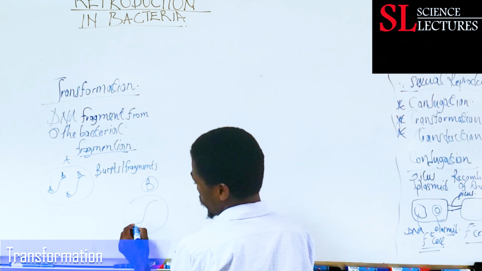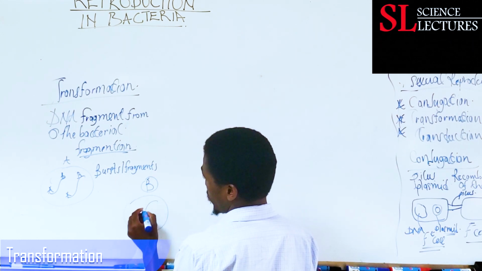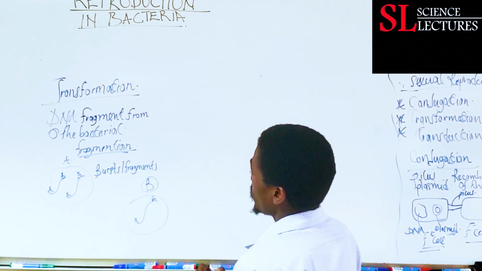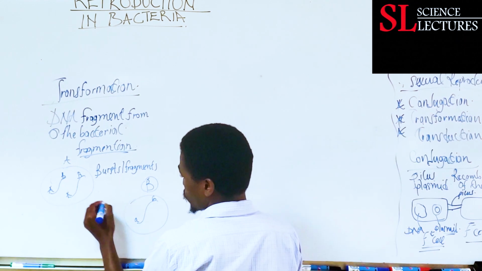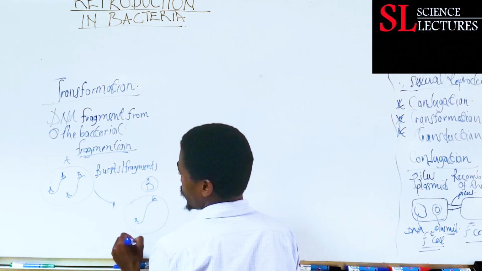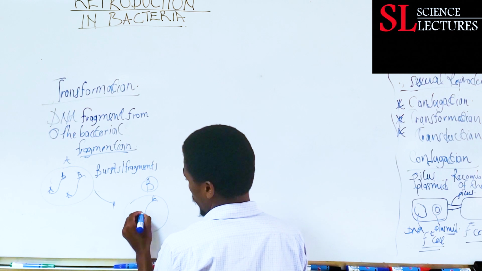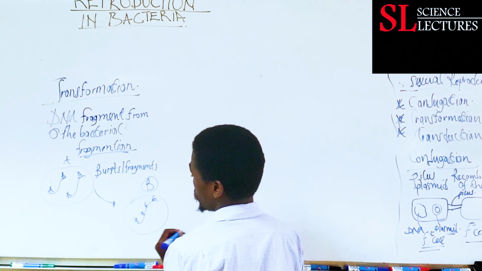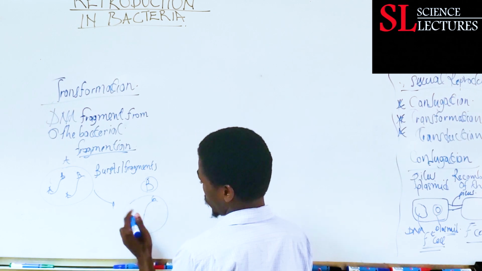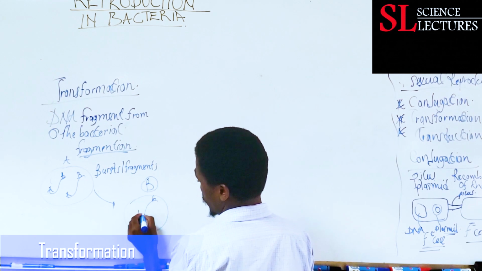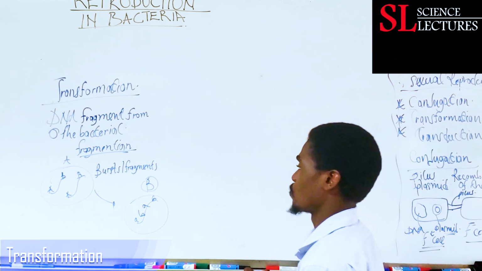Let's say it has gene small a and gene small b, small a small b, small a small b. That is what it has.